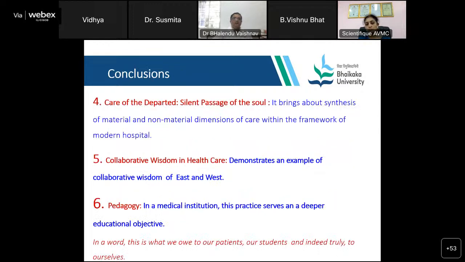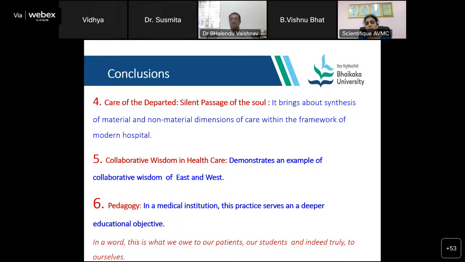Fourth. You can see the numbers 4, 5, 6 have a bigger font size. Four is that the care of the departed by creating silence is a passage of the soul. Now nobody has seen it, but we read and we believe. It brings about synthesis of material and non-material dimensions of care within the framework of the modern hospital.